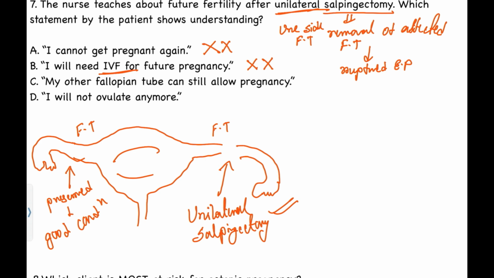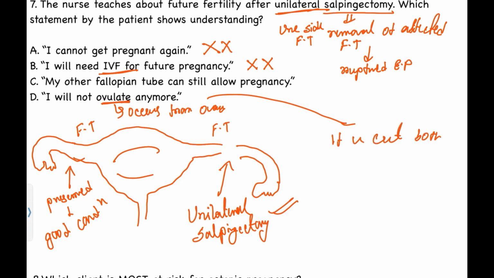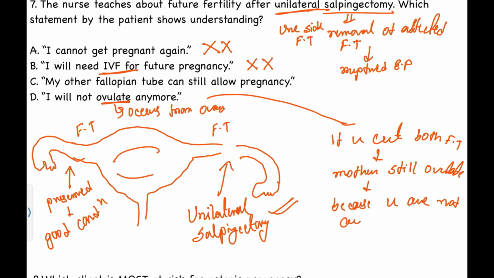Now, option D, I will not ovulate anymore. Ovulation occurs from the ovary. Even if you cut both fallopian tubes, the mother will still ovulate, because you are not cutting the ovary.